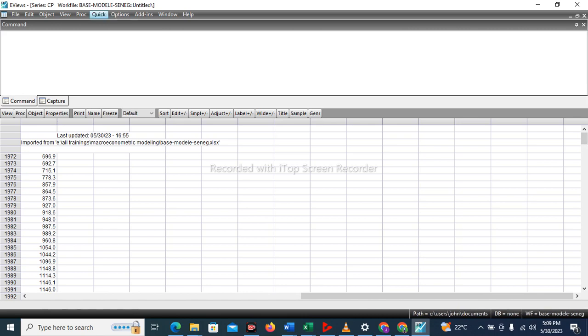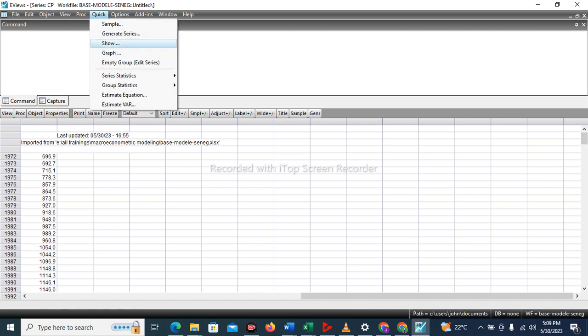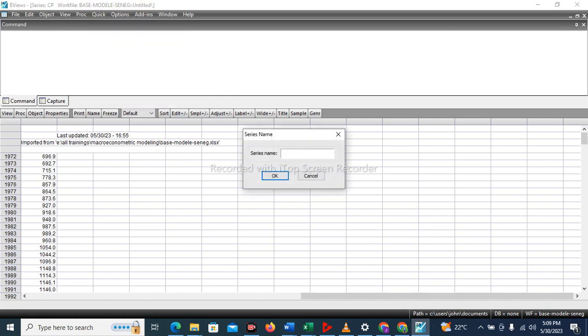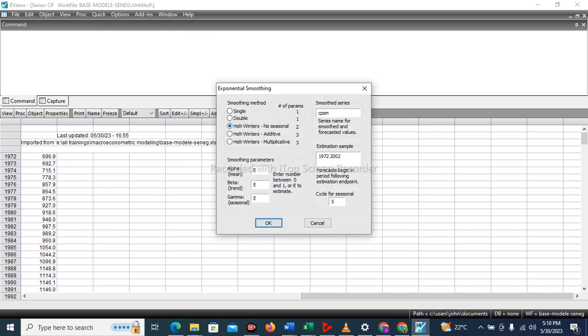So let's go to quick, then series statistics, then exponential smoothing. Of course, our variable is private consumption. Then we are going to use Holt-Winters non-seasonal, and then of course the years are 1972 to 2002. Then to distinguish it from the other variable of private consumption, I'm going to say this is for prediction, predict.